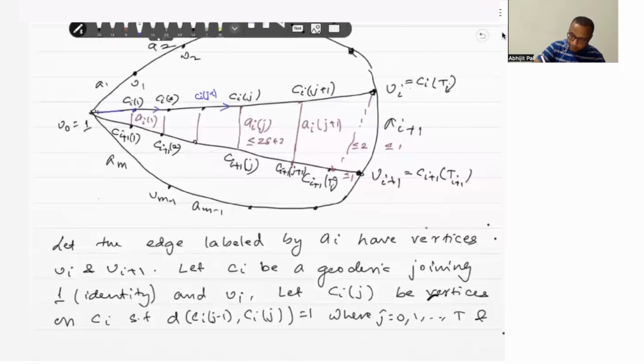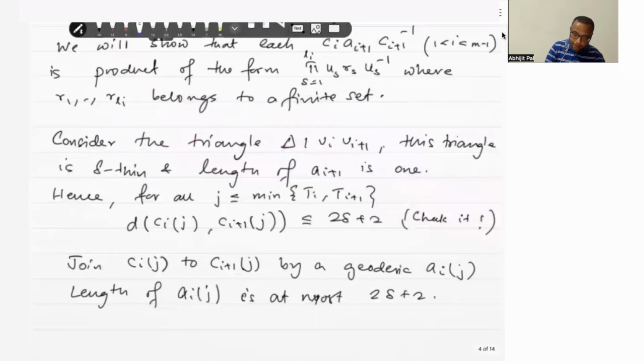And at last, suppose Citi is Vi, the earlier vertex. So this distance will be at most 1.